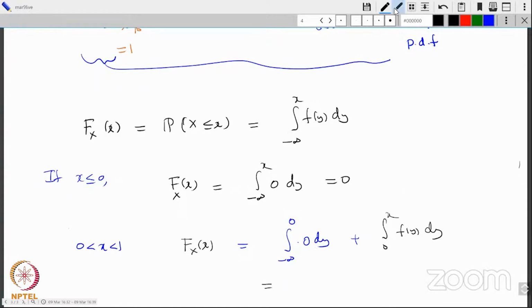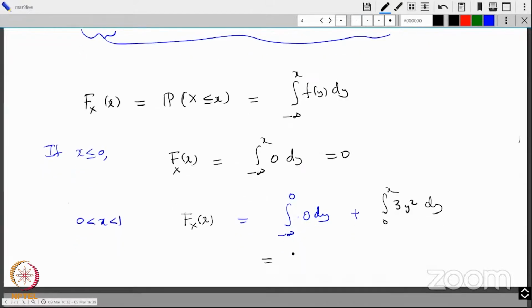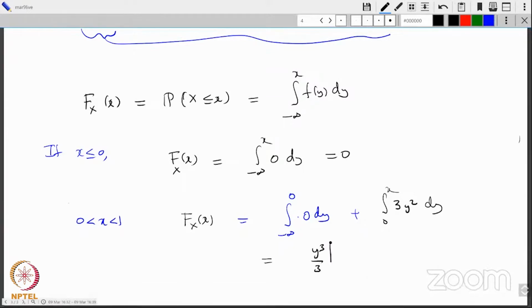So I just write it as 3y squared. This part is 0, so here I'll have 3y squared, so it's y cubed by 3 from 0 to x, times 3. And that is going to be x cubed minus 0 cubed, and that's just x cubed.